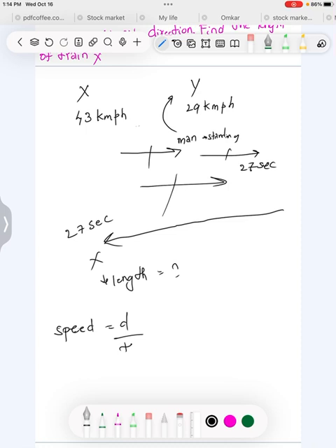So how to solve these type of problems? Any idea? Anyone can guess how to do this?